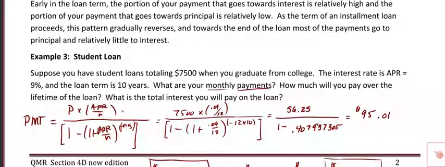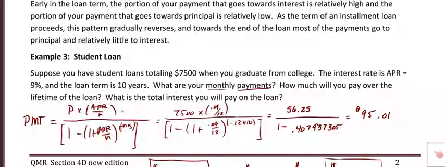Making that final division, we get a monthly payment of $95.01. So on the $7,500 loan, I'll pay $95.01 every month for 10 years.